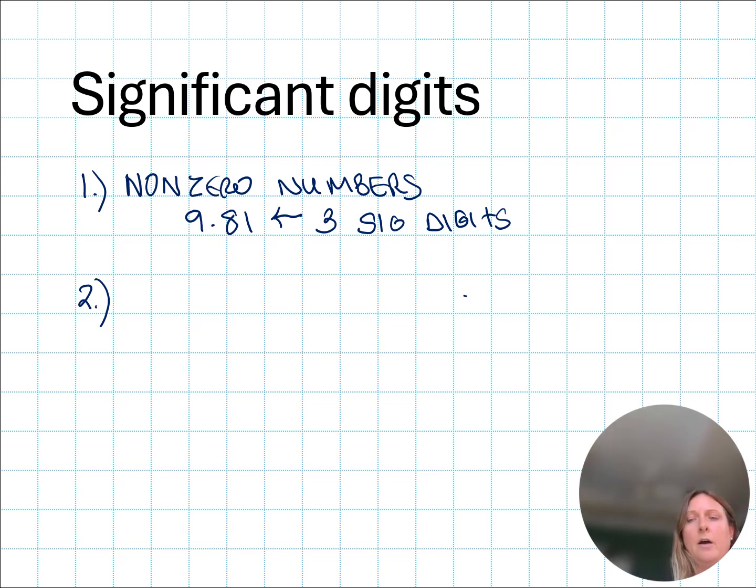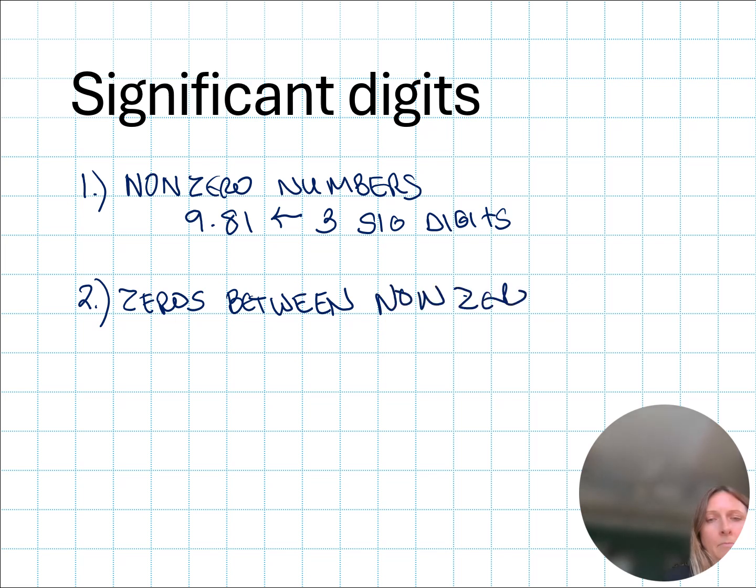So zeros that are showing up in between non-zero numbers are significant. So here I have an example of 1.0981. So there's a 0, but because that 0 is between a 1 and a 9, it's significant, and this number has 5 significant digits in it.